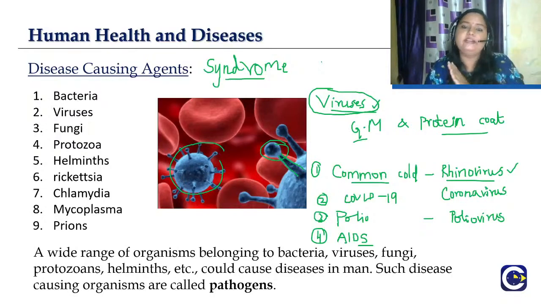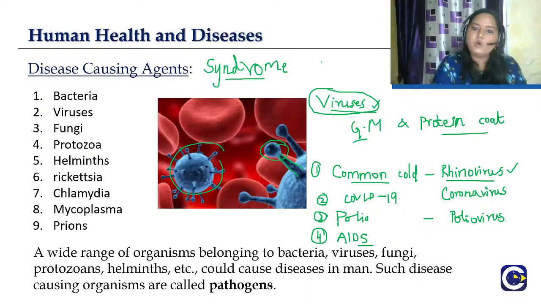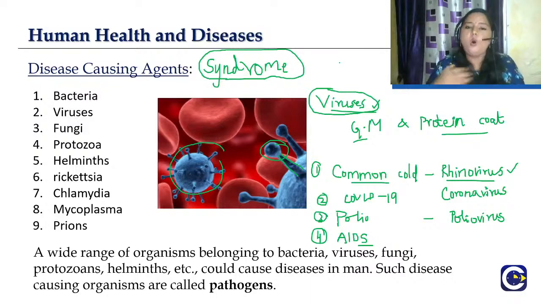When these are destructed, when these are damaged, there is no frontline immune system for us. So even a common cold, even a small infection can kill us. Okay, syndrome is a generic term that refers to the immunocompromised condition which can call for all other infections. Okay, that is what is called syndrome.